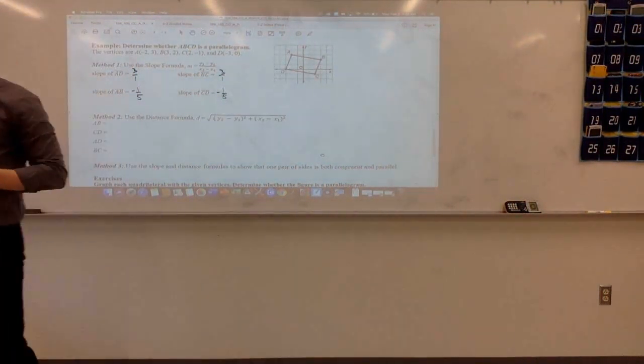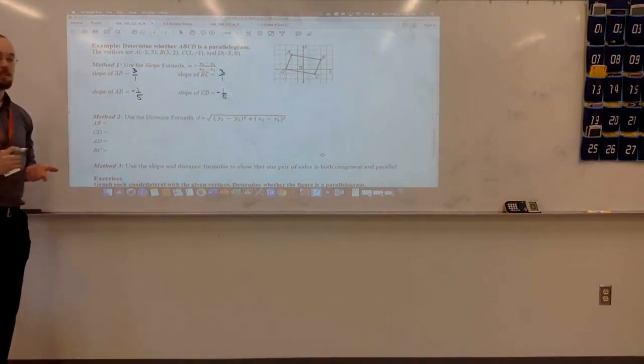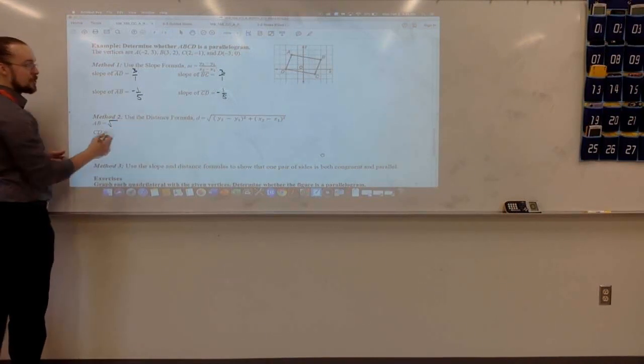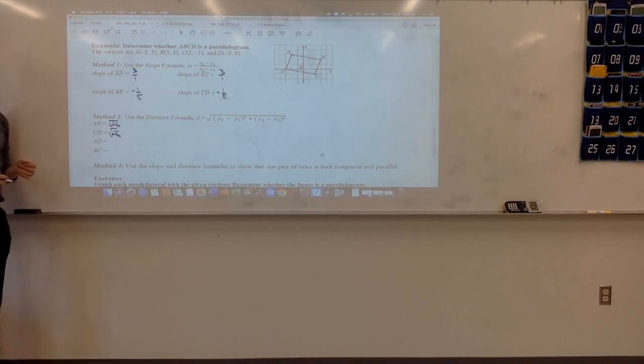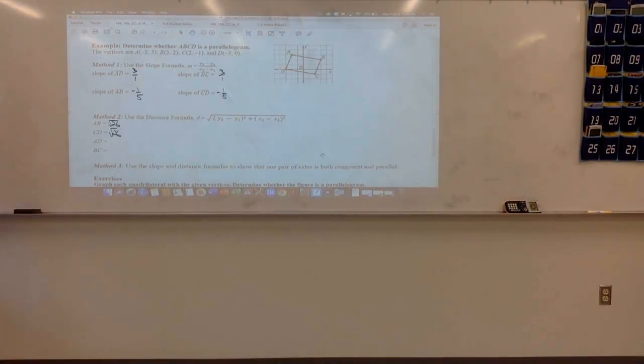And I think we started this one. Did we start this one? I think we did. We found AB and CD. Using the distance formula, we got the square root of 26 for both of those. Then for AD and BC, we're going to do the same thing.